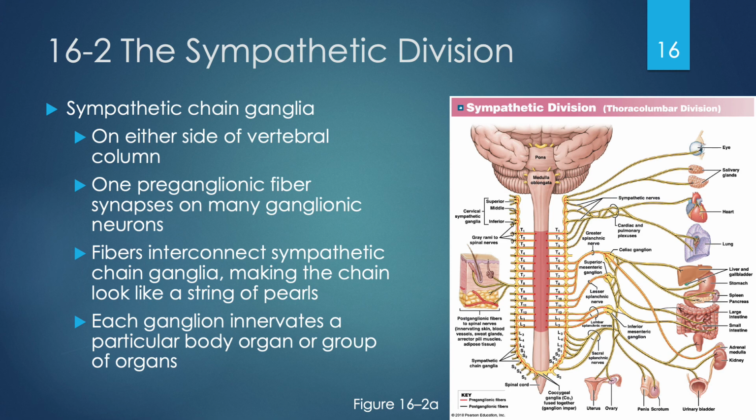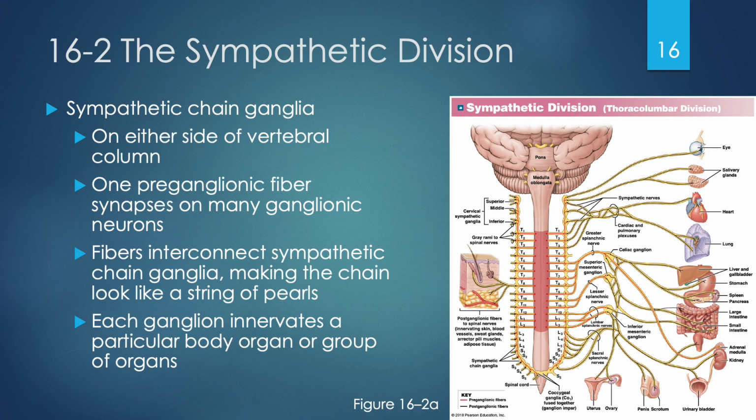So that allows that one arriving action potential that comes in through one specific preganglionic fiber to synapse at the ganglion, and then action potentials may be triggered to go to any number of different sites that are innervated by that specific ganglion.